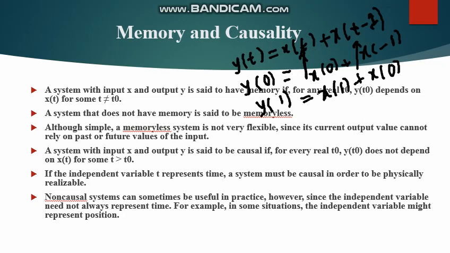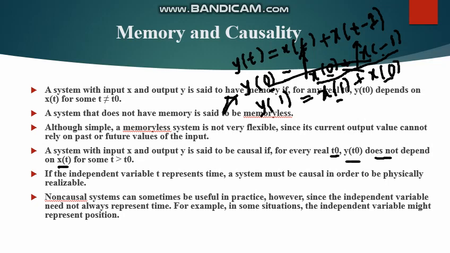The condition is that for every real t naught, y(t naught) does not depend on x(t). Is there any value here that depends on this? Yes. If t is equal to 0, that means x(0), and x(minus 1) here. So if t is 1, x(0).